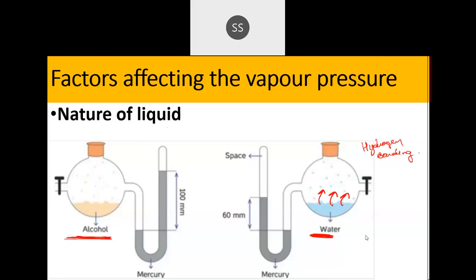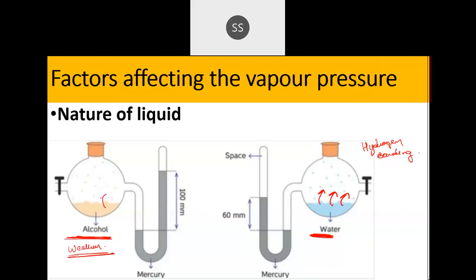Now come to this alcohol. Coming to the alcohol, the intermolecular force of attraction over here is a little weaker. In the alcohol case, it's weaker compared to water. So if the force is weaker between two molecules, then they will escape out easily, no? A little temperature is enough for them to escape out in the form of a gas.